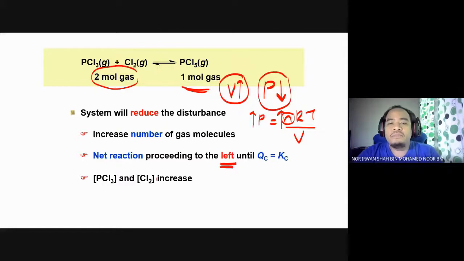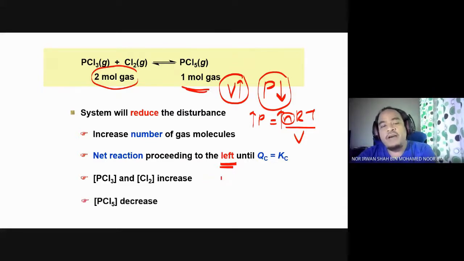That's why once QC equals KC, the concentrations of both PCl3 and Cl2 shall increase. And what will happen to PCl5? The concentration of PCl5 decreases. So this is what happened at the new equilibrium.